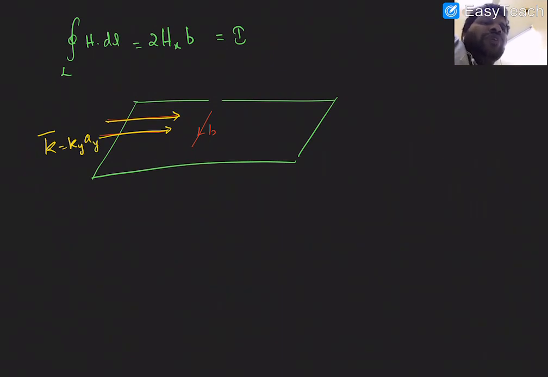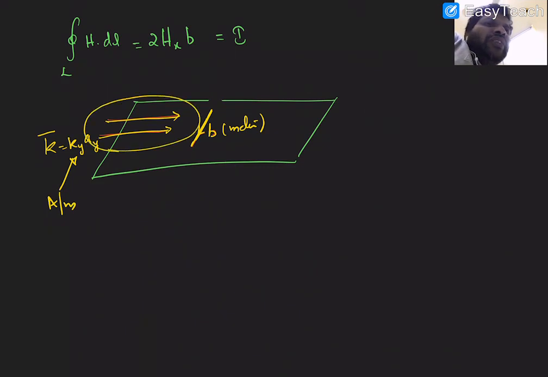So what will be the total current? You know Ky is in ampere per meter, and you are considering B meters. So what will be the current that you are going to consider in that particular path?